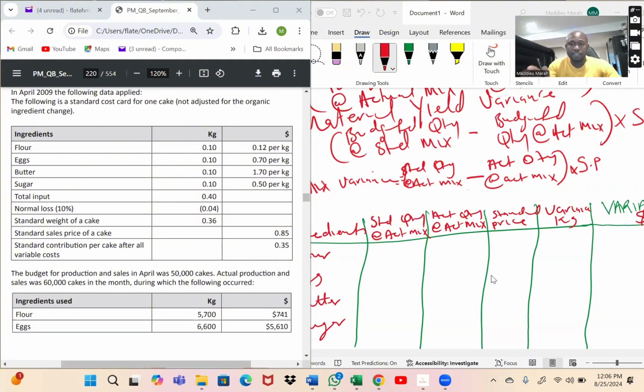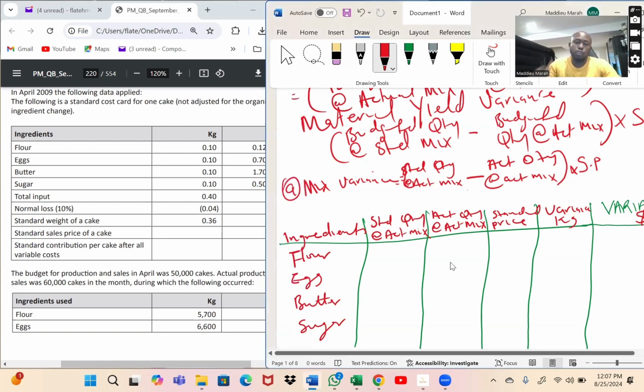The difference between standard quantity actual mix and actual quantity actual mix gives me my variance in kg. When I multiply my variance in kg by standard price, I will have my variance in value. You understand? That will give me the mix variance for each of the ingredients, and the total will give me the mix variance for this particular cake. Okay? So now let's go to the question.